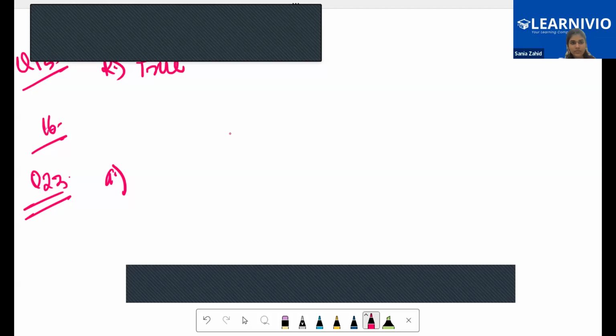Myopia can be treated by using a concave lens, as it diverges the light rays, and then the eye lens converges them again, and the image is formed on the retina. I drew all the diagrams: the normal eye, the far point of the myopic eye, and the correction for the myopic eye. Okay, very good, Zoha. I hope your paper went well.